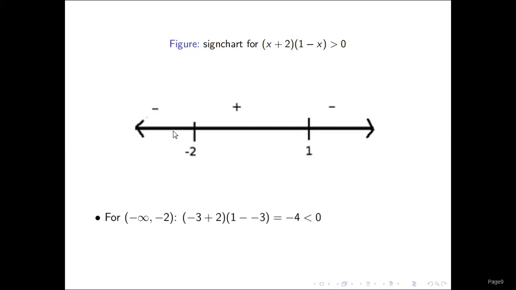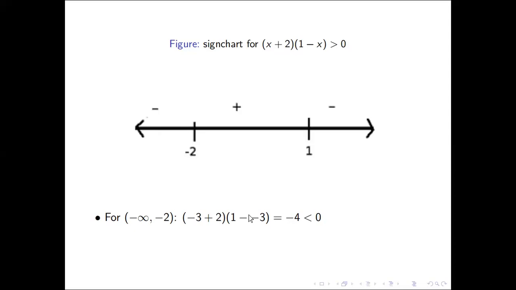So what do you do with that test number? You plug it into the function here, (x + 2)(1 - x). That means you will be replacing x by the chosen test number. So here it is: (-3 + 2)(1 - (-3)). Plug in, that's equal to -4. However, since you only need the sign, you don't really need to give the exact numerical value.